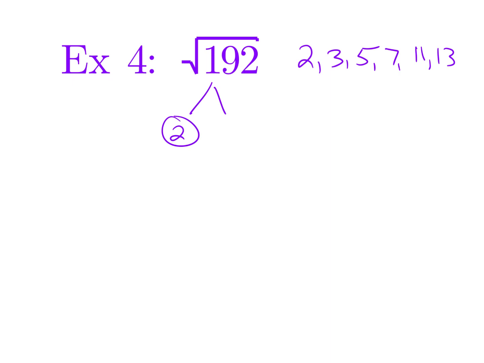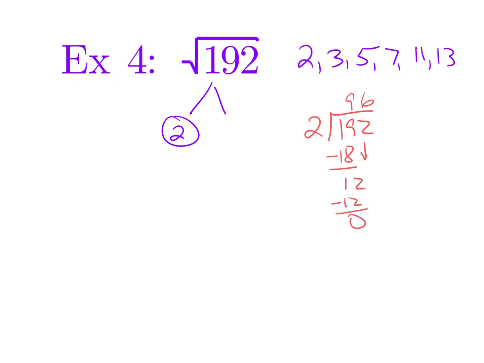So let's go off to the side and do our long division. How many times will 2 go into 19? 9 times. So 9 times 2 is 18. And that's 1. How many times will 2 go into 12? 6.